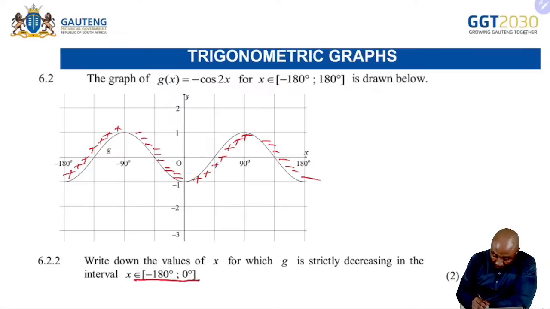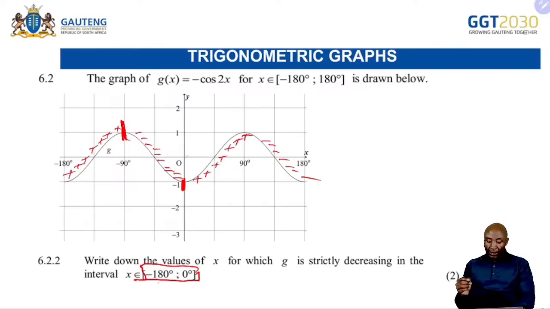Check the interval where you are finding the solution. It's between negative 180 and 0. So where is the graph decreasing? It's decreasing from here up to the minimum turning point there. But you are taking the x values as your answer. So it will be from negative 90 degrees to 0 degrees.